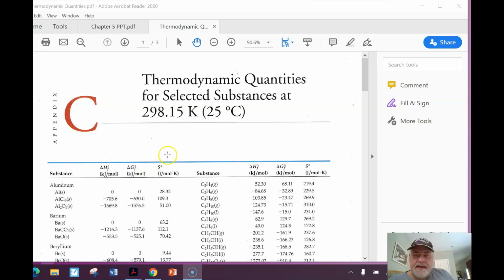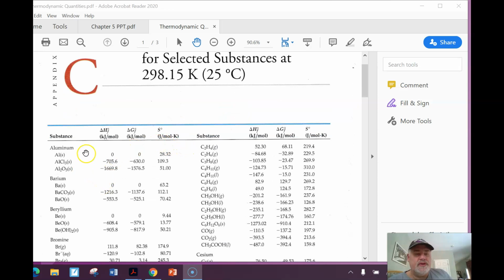So this is right in the back of your textbook, and at a given temperature, these are the values that it took to form these molecules or elements. One of the interesting things to note about this, and is very important for the test, is that in their elemental pure form, they're going to be 0.